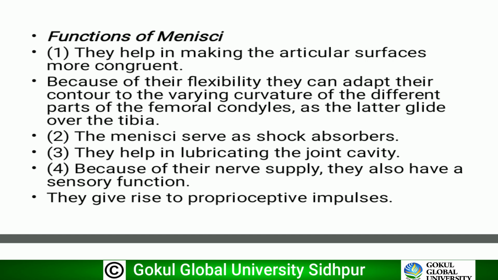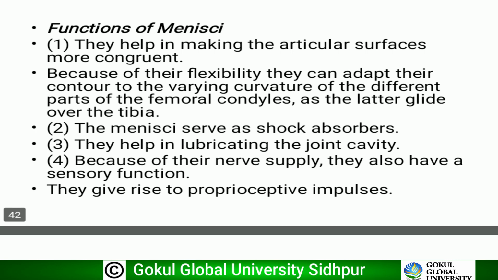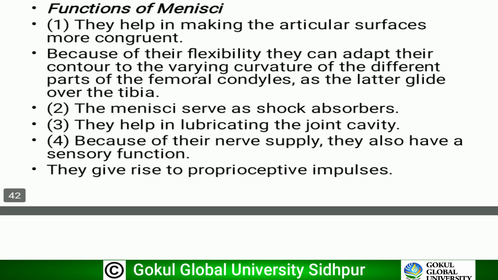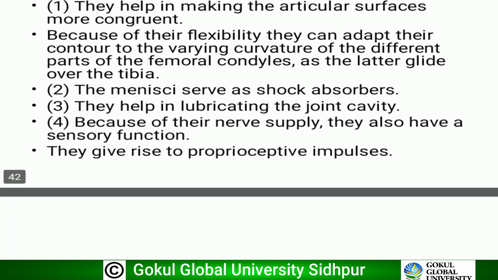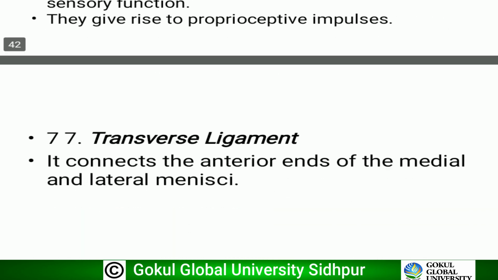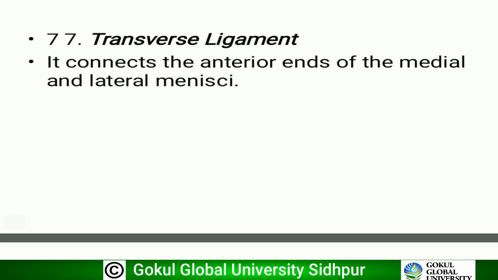The menisci serve as shock absorbers. They help in lubricating the joint cavity. Because of their nerve supply, they also have a sensory function. They give rise to proprioceptive impulses. This is a new word. Proprioceptive relates to the sense of position and joint movements. You have to remember what proprioception is.